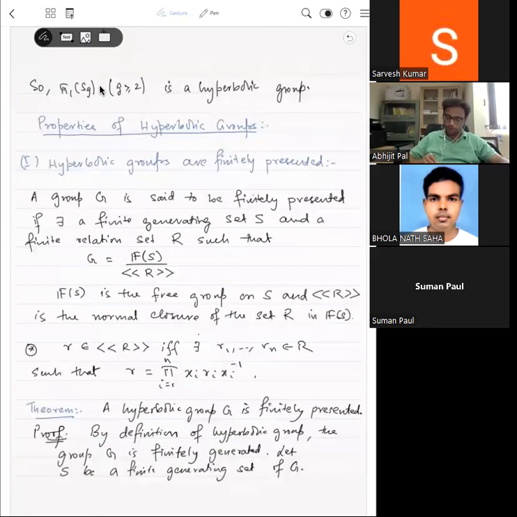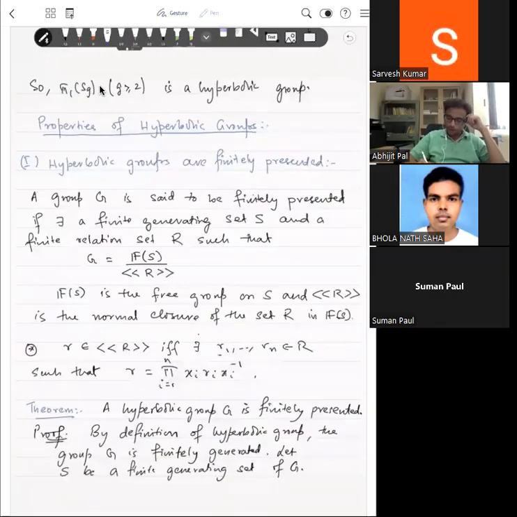That part we have assumed, and let us take S to be a finite generating set of G. So we have to find a finite relation set R such that any element in the normal subgroup generated by R can be expressed as a finite product of conjugates of R1, R2, up to Rn.